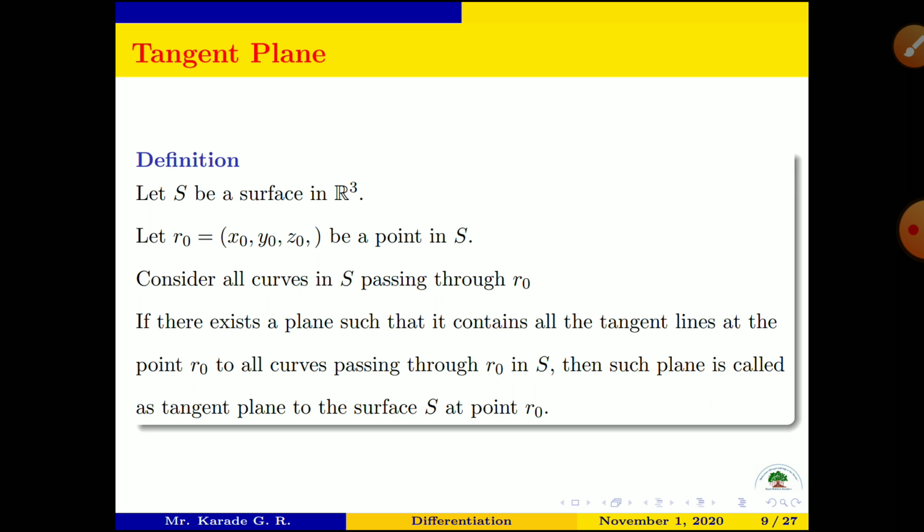Again we draw all tangents at point R0 to all these curves, and the plane which contains all these tangents is called the tangent plane to the given surface. So the concept is very simple.